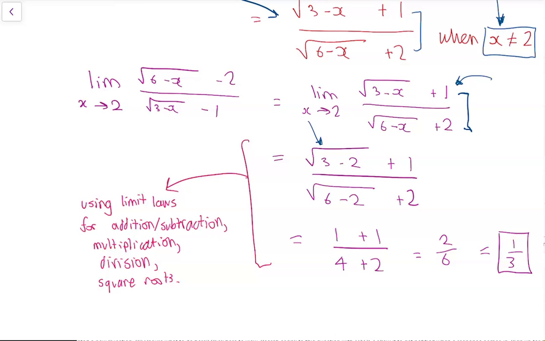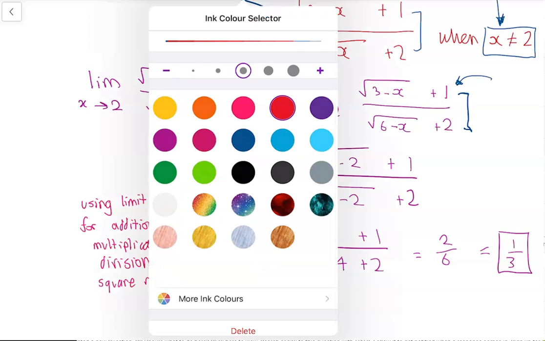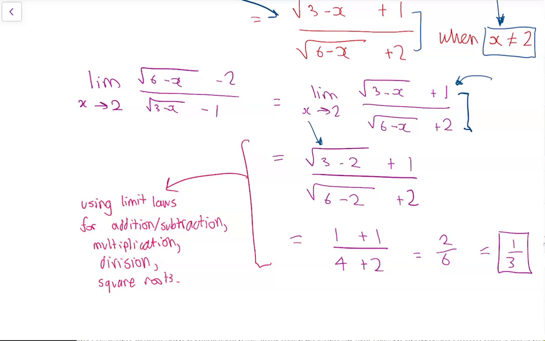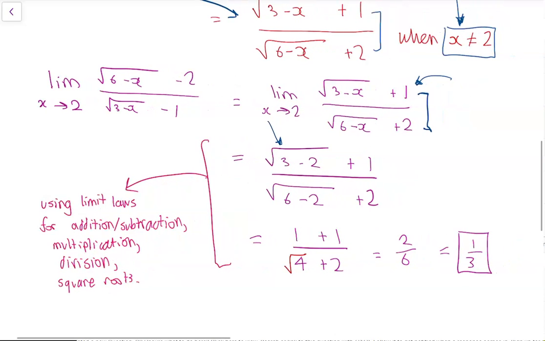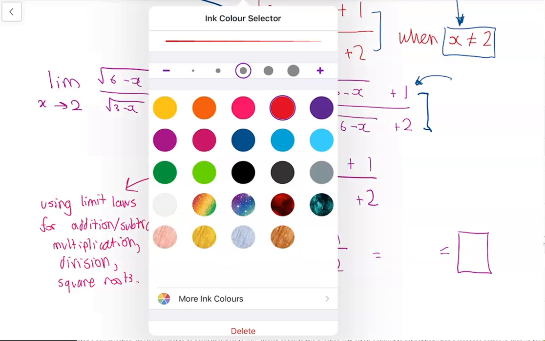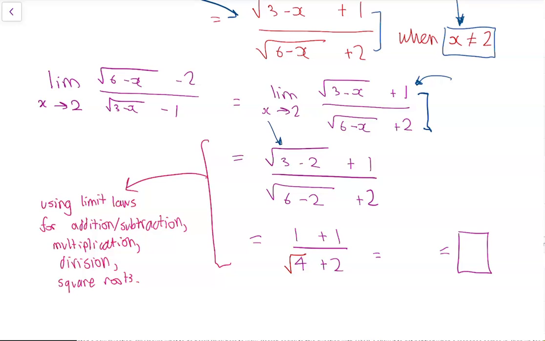It's a minor error on my part, I should say the square root of 4 plus 2. So the final answer is not what I've written. It is actually going to be 2 divided by square root of 4 is 2, and plus 2 gives you 4, so I have 2 over 4, which is equal to half. So the final answer for our limit is going to be half.